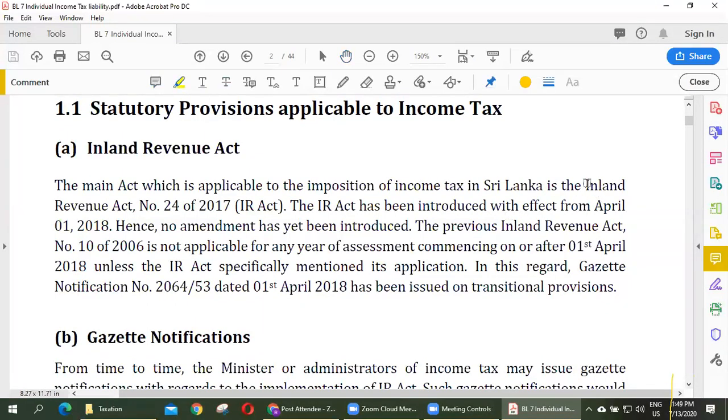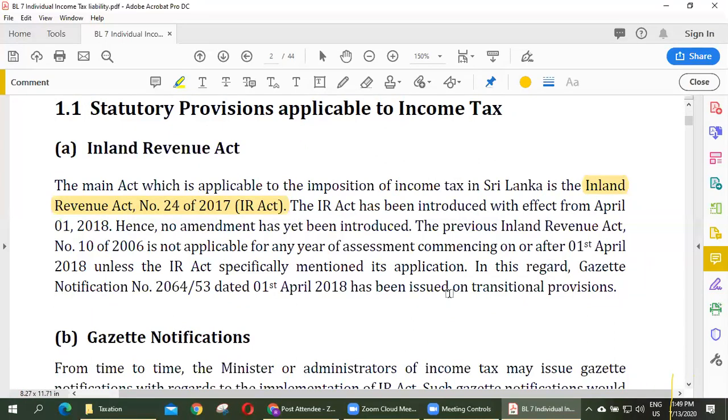Inland Revenue Act number 24 of 2017 is the act. The Inland Revenue Act has been introduced with effect from 1st of April 2018, right? It was introduced in 2017. Anyhow, it came into effect in Sri Lanka on 1st of April 2018.